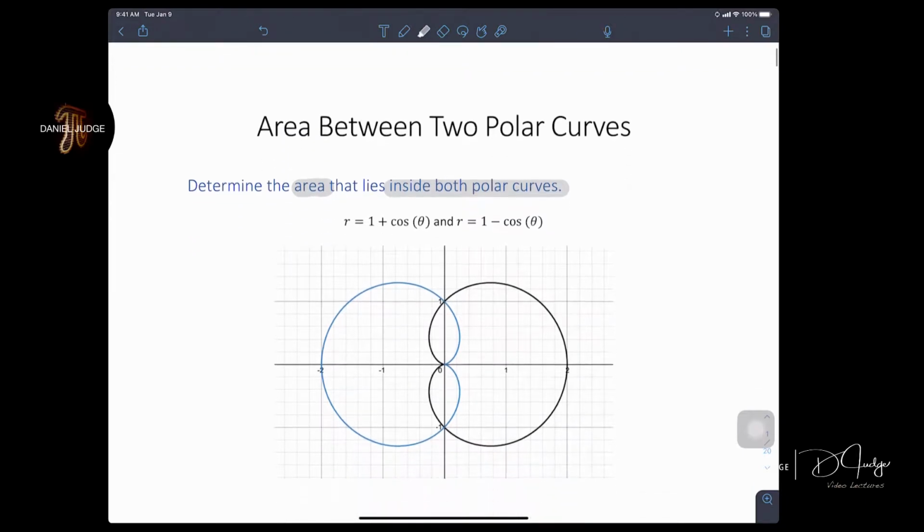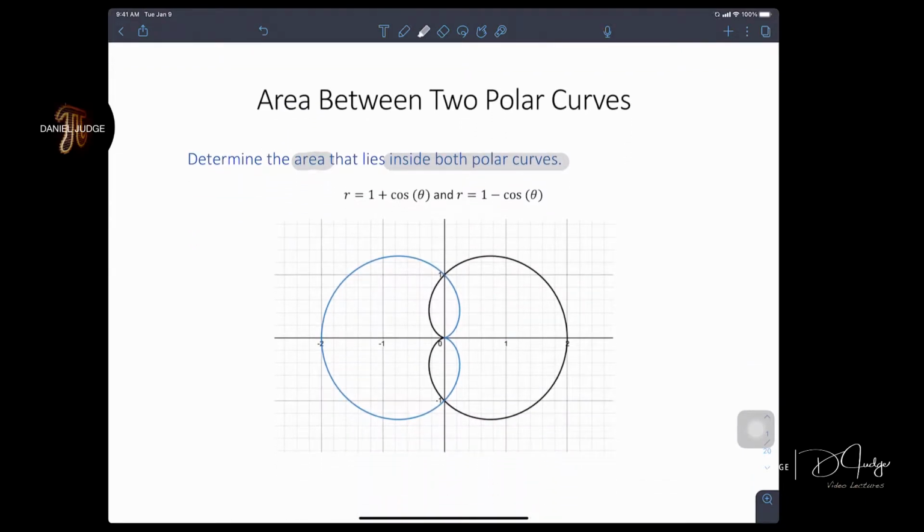So the area here that's going to be inside both curves, we have two polar curves here. We're talking about this particular region there. And what I would suggest is to use properties of symmetry here. Whatever that area is here, we're going to find that.